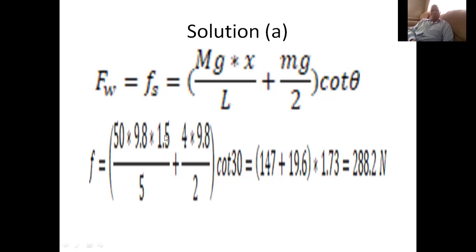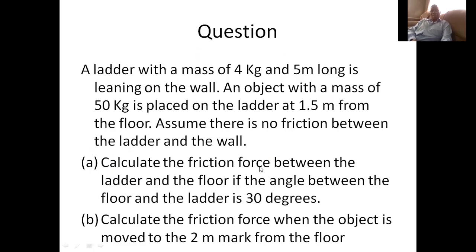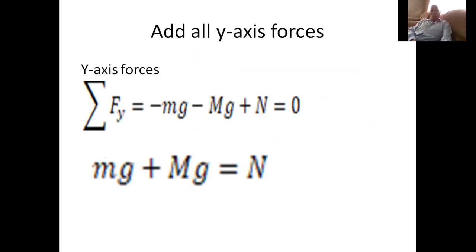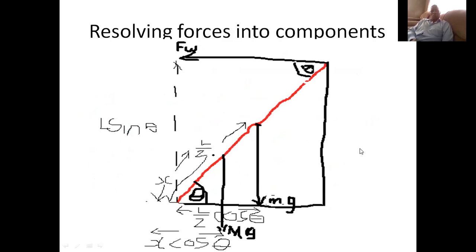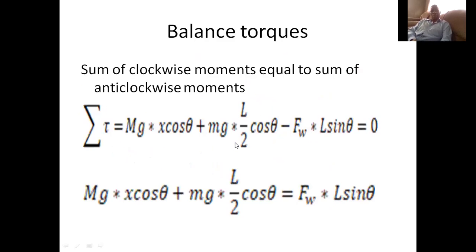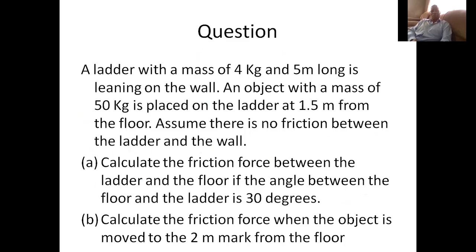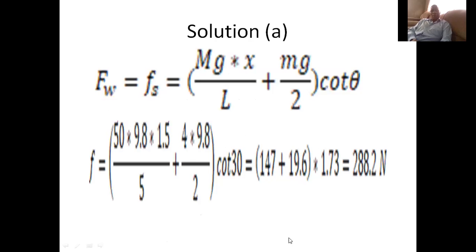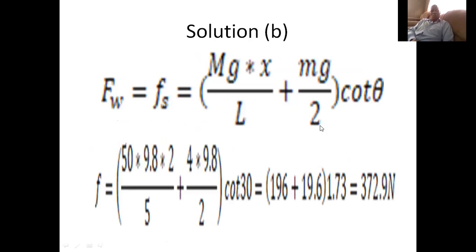We move this object from x, which was 1.5, to 2 meters, according to the second part of the question, where they ask us to calculate the frictional force when the object is moved to 2 meters from the floor. So we merely use this same equation, but now we substitute 2 there.